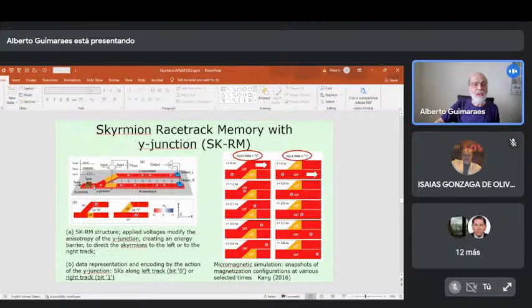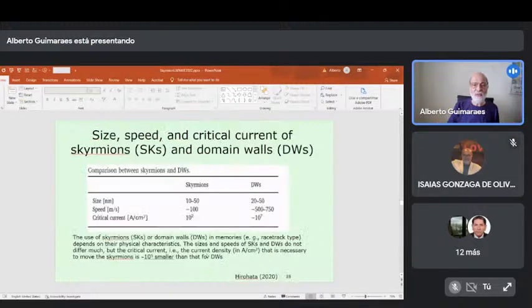This is another device that has been proposed. Skyrmions come here and the circuit pushes them one way or the other if they represent zeros or ones. This is the way where the zeros go, and the ones go on the other side of the junction. So, by reading the number of skyrmions present on one side or the other side, one can read the information codified as zeros or ones.